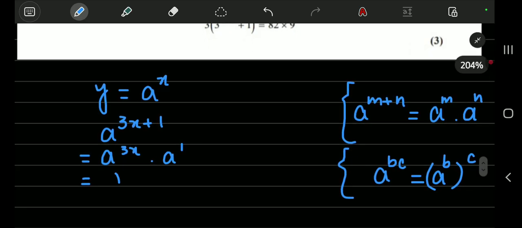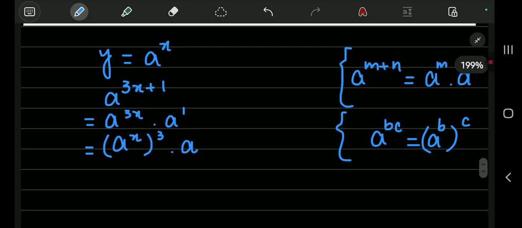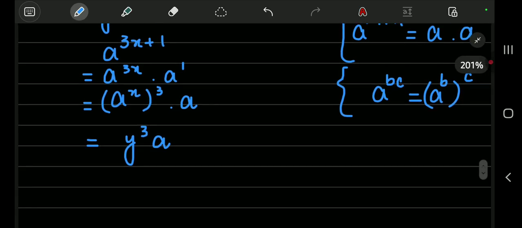So we can write it as a to the power x, to the whole power 3, times a. So we get y cubed a. This is your part A, or you can write it as a y cubed.